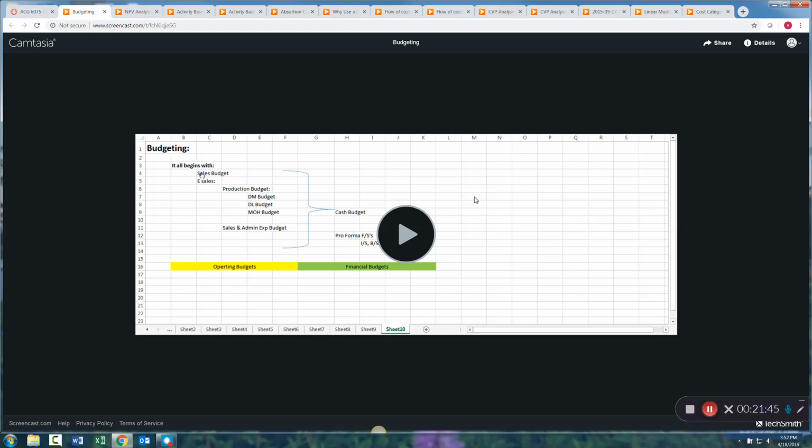So whatever we think we will be able to generate in terms of sales, that's going to guide what we need in terms of production and what we need in terms of administrative personnel, etc. And these we refer to as the operating budgets. And once we have these operating budgets, then we can come up with the financial budgets.